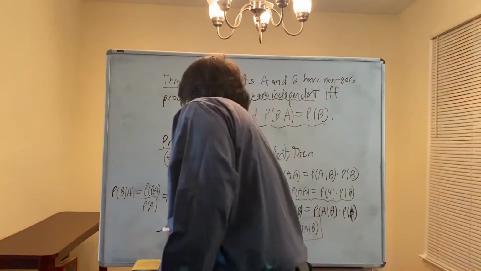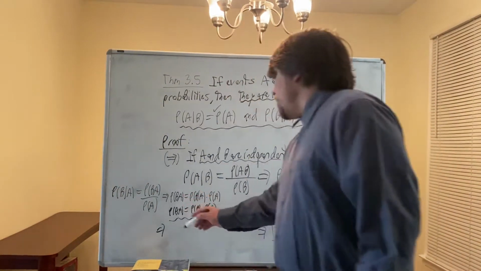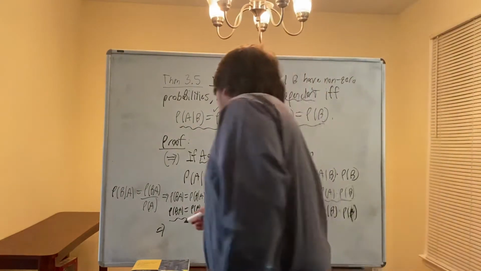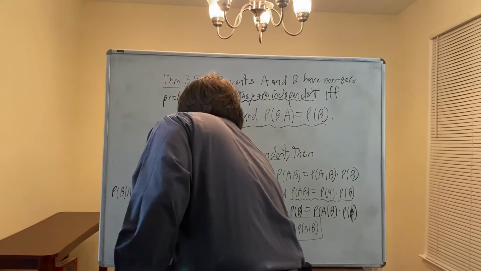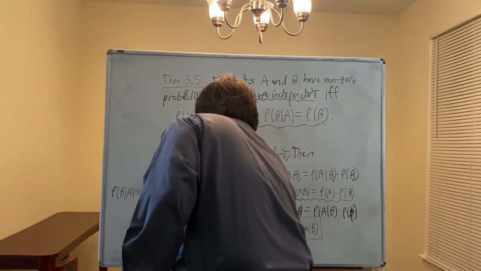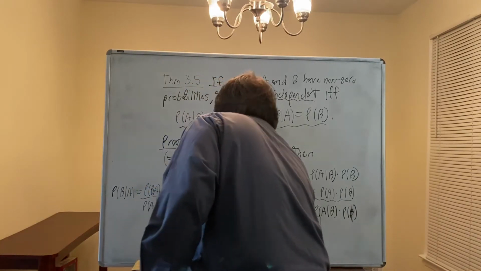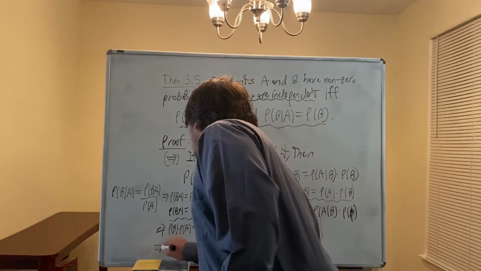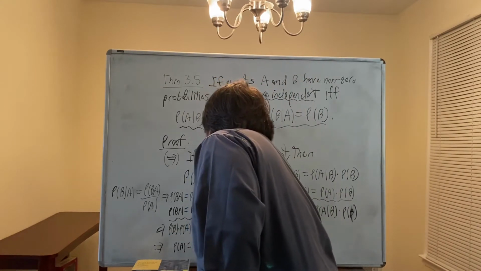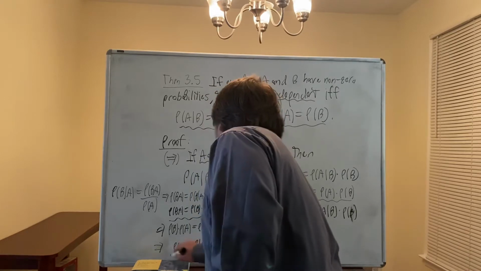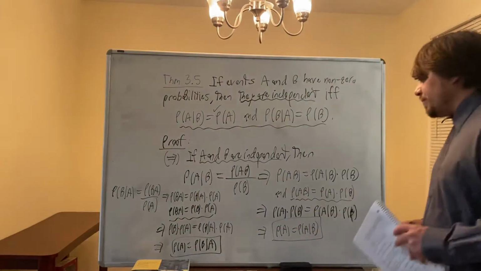Since the probability of BA is equal to this and that, they're equal to each other. So the probability of B times the probability of A is equal to the probability of B given A times the probability of A.